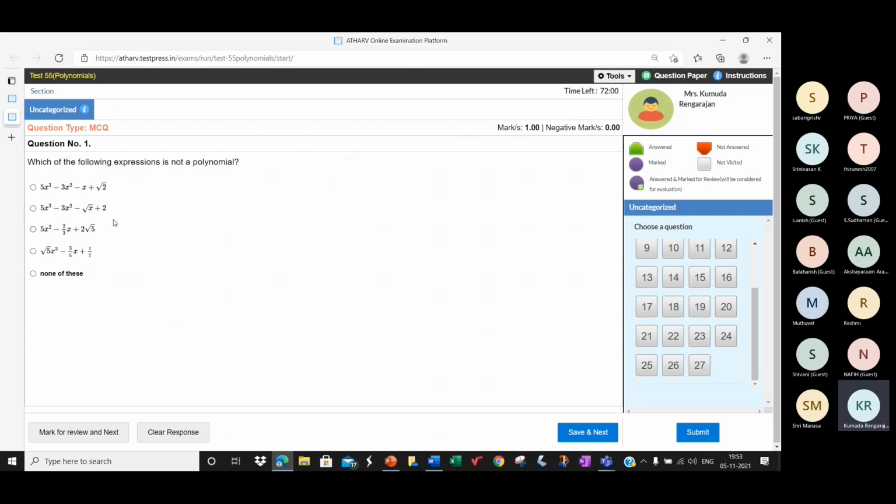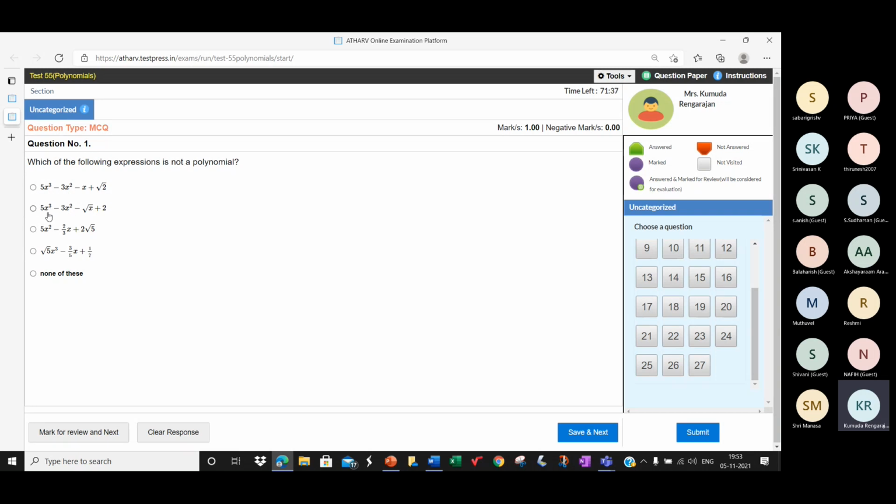So if you look, it can be 2 root 5, it can be root 2. They're all constants. Now when you take up the second expression, 5x cubed. Let me not say polynomial now, let me say expression.